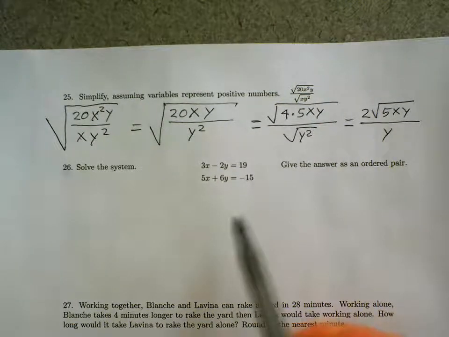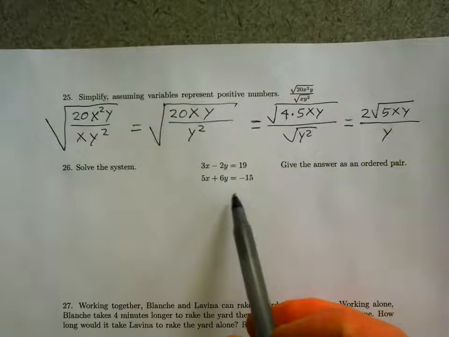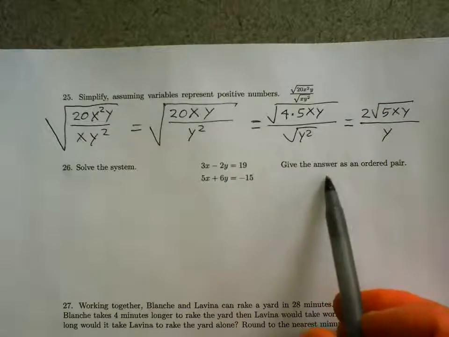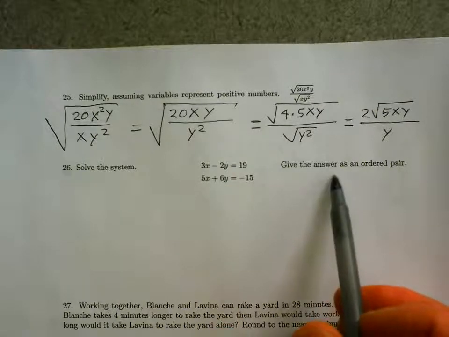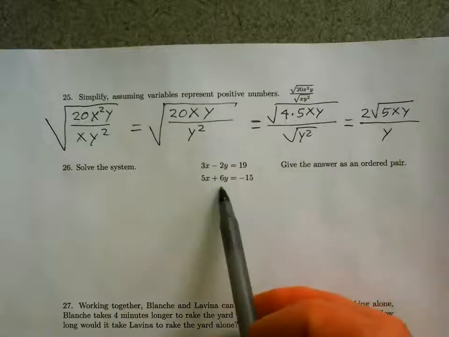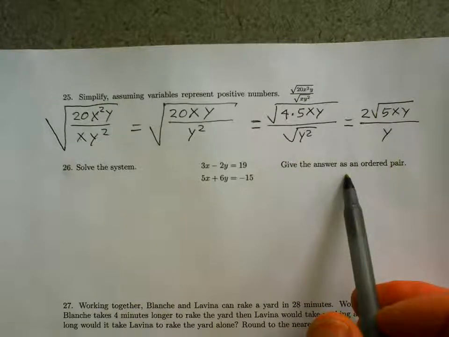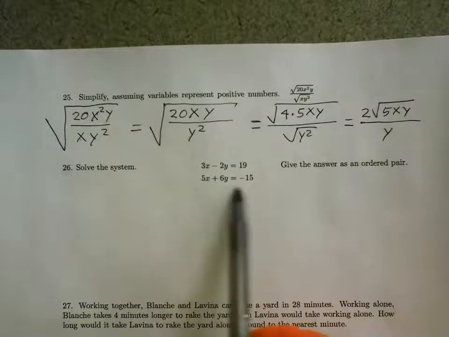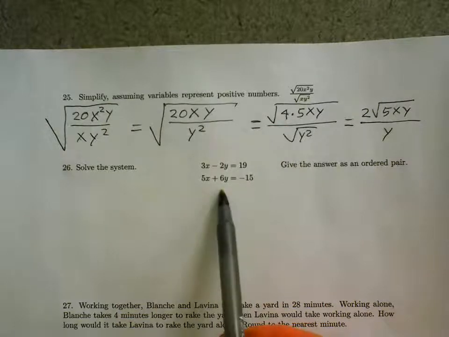In the next problem, we have a system of 2 linear equations. And we want to solve this. And the answer will be an ordered pair if there's one solution. So this looks like it might be nice to use the addition method.